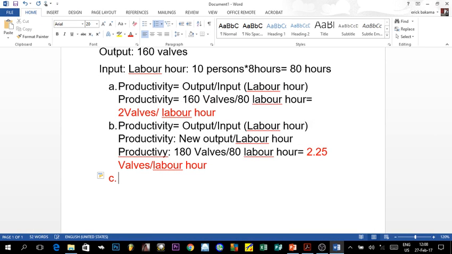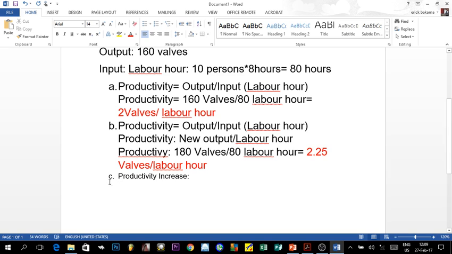In this case, we need to use a specific formula. We can call it productivity increase.